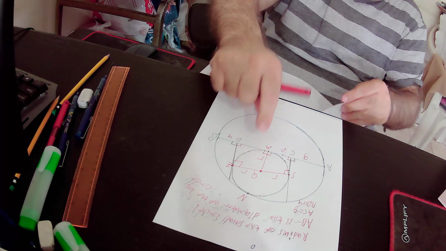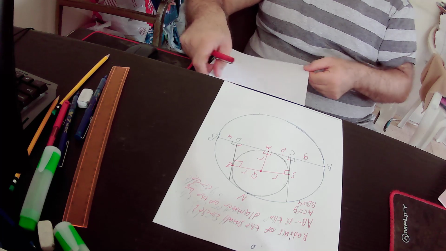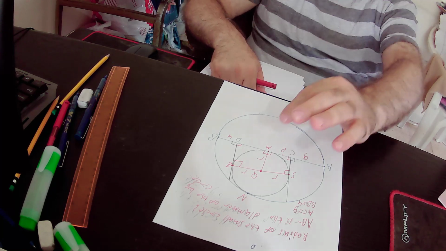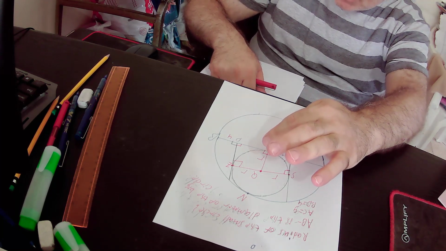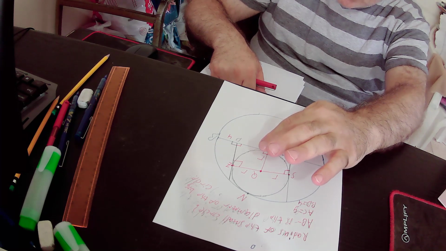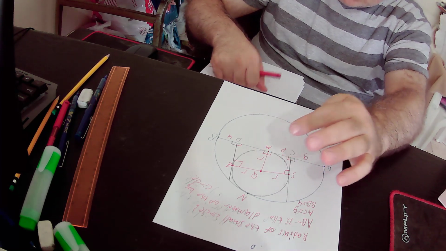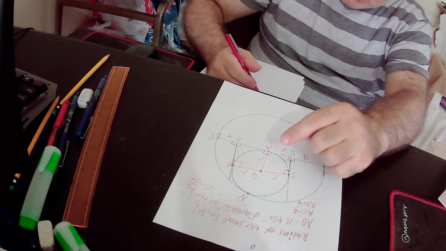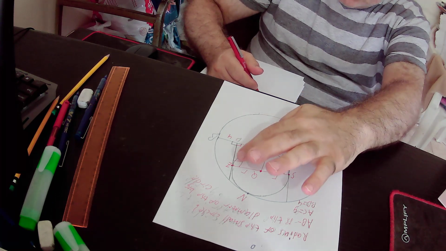This quadrilateral QZMD has 3 right angles, 1, 2, and 3.